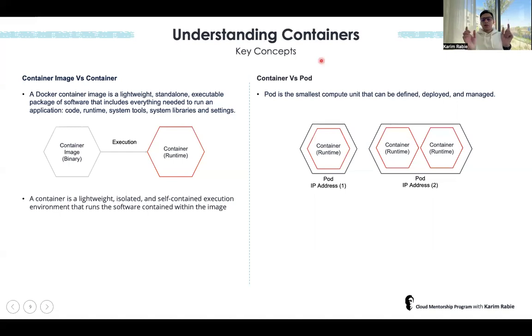But virtual machines don't share the operating system with each other. Like what Abraham was saying, each VM has its own guest operating system. But here, the main difference is that containers share the same operating system, but because they have a self-contained execution environment coming from the container image, they have a sense of isolation. Okay? So that's the main difference.